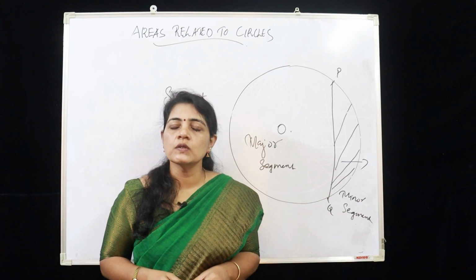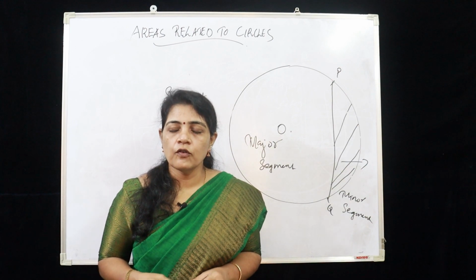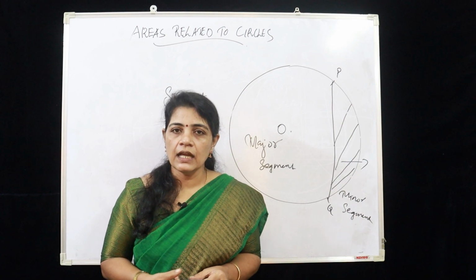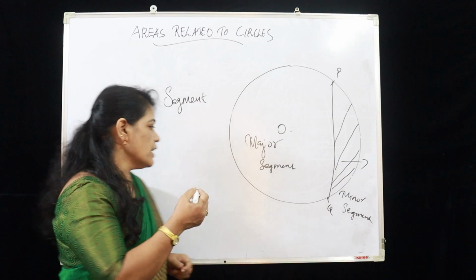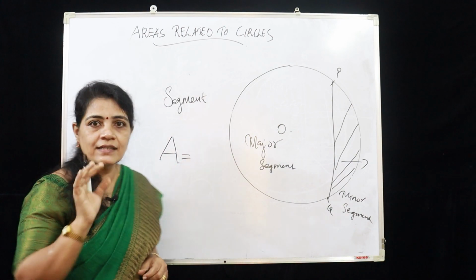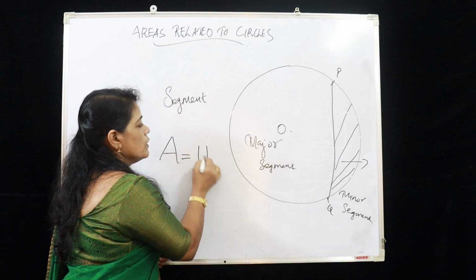So, these are the areas related to circle. Okay, so we all know the formula for the area of a circle. Usually we represent area by the letter A. Whatever the area, we represent area by the letter A. Area of a circle is, everybody knows, pi r square.